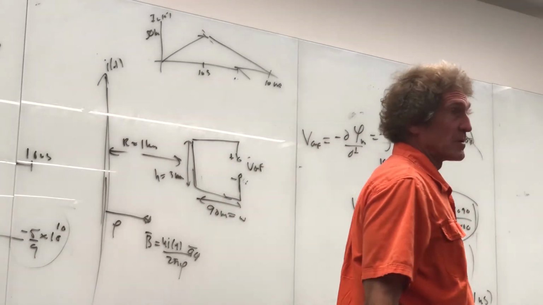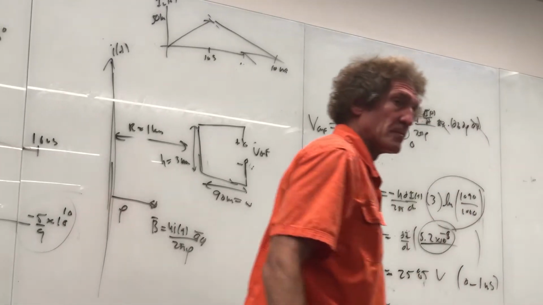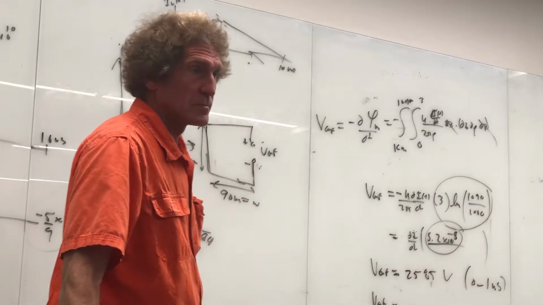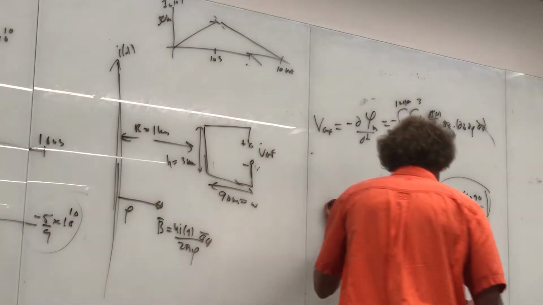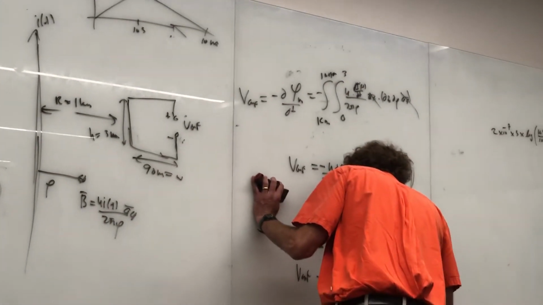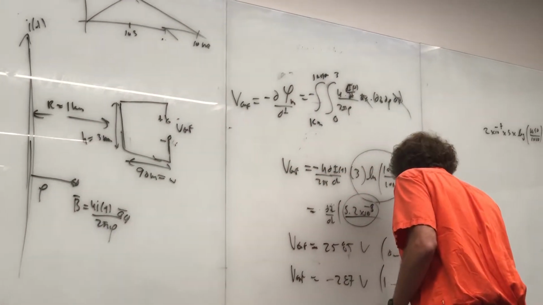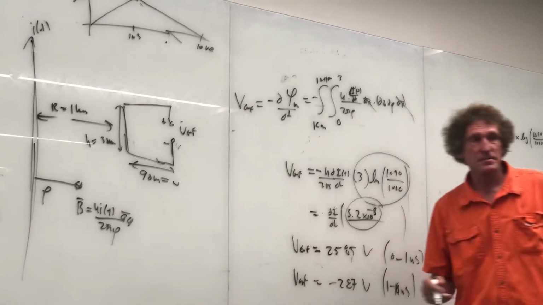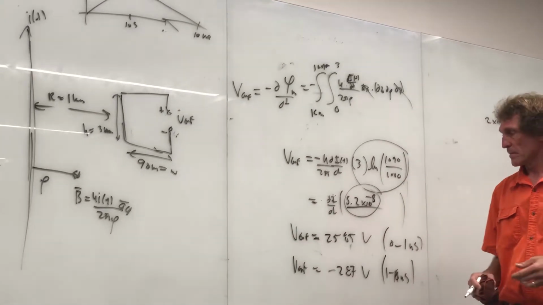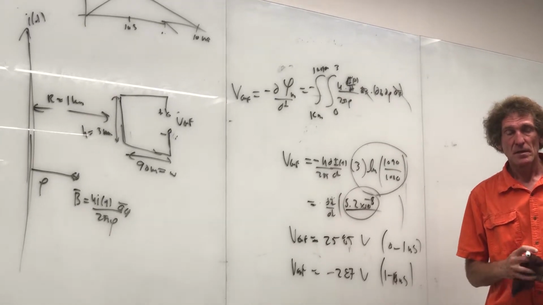It's going to be roughly 1/9 of that, I think, in magnitude, but I'm not absolutely certain. What'd you get? Negative 287. Okay. Minus 287. And that's from 1 to 9 microseconds, or 10 microseconds, sorry. Is that what you asked? And there's no answer, is there? Yeah, there is. Yeah, that's it.